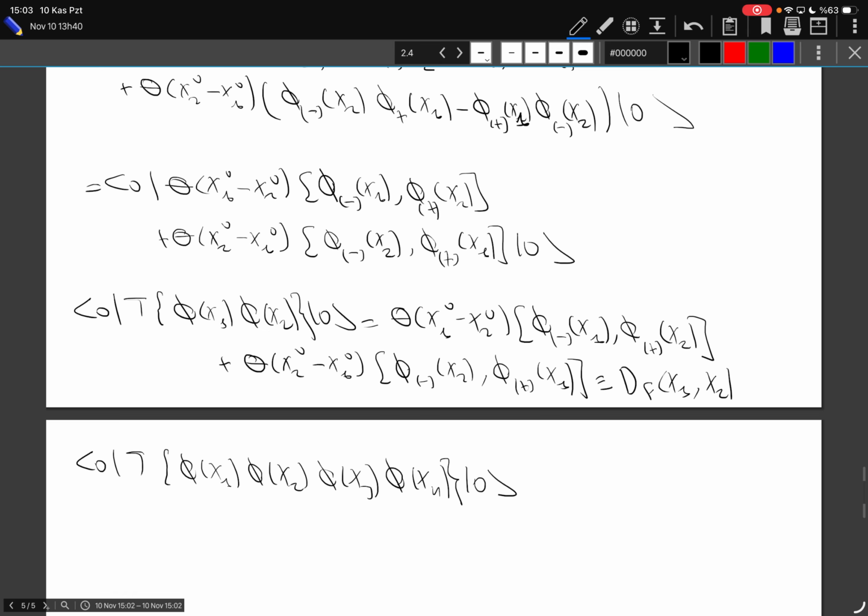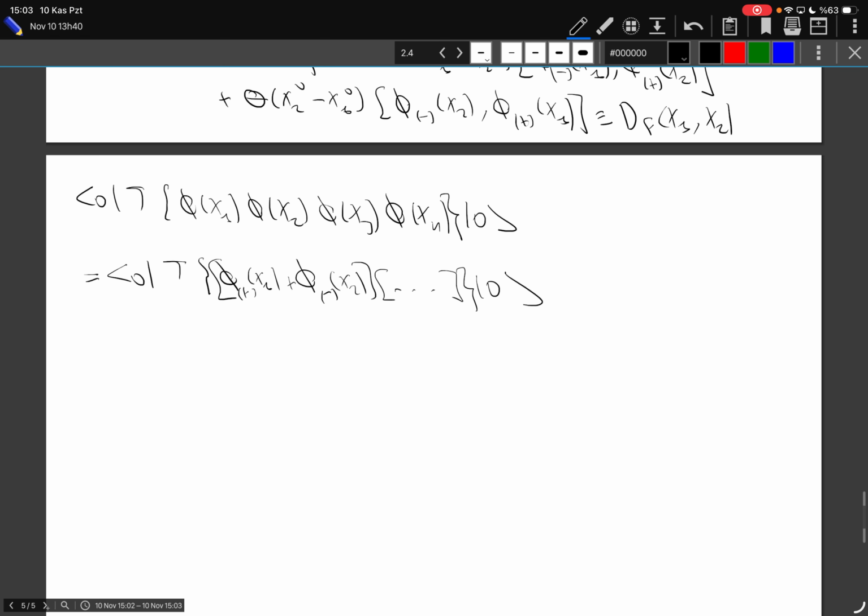Well, what I need to do, I first have to write each one as phi plus phi minus. Write out the time-ordered product, and then move all phi pluses to the left, all phi minuses to the right.